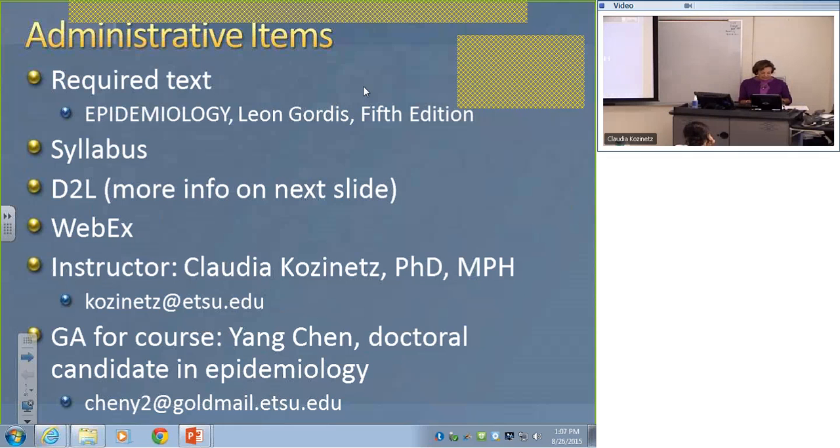The times of the exams are noted. We have exam 1 in week 8 on October 14th. We will be using a different room for that exam. We will be in the computer lab, which I think is either 132 or 136 down the hall, and you will be randomly divided in 2 groups. Group A will come to the room at 1 o'clock and take your exam on a computer through D2L.